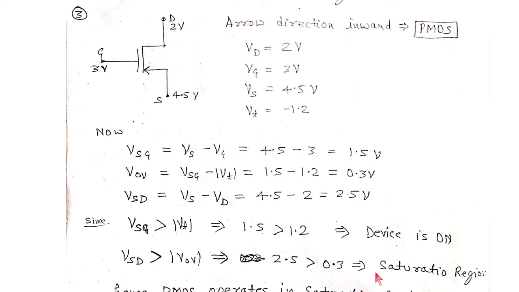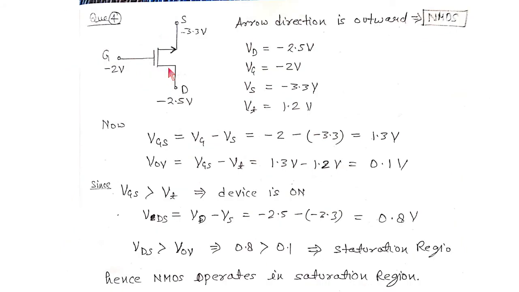In this, generally we have observed that the arrow sign is downward, but it is not necessary. It can be flipped. So here the arrow sign belongs to the source terminal.